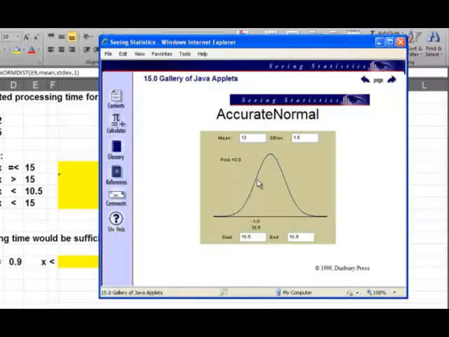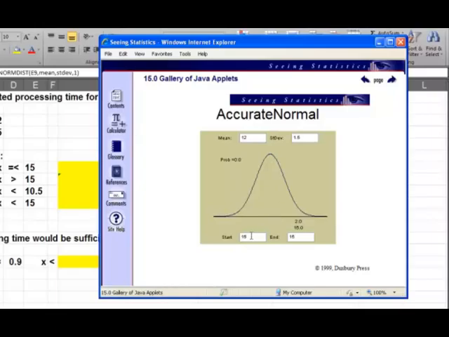The probability of being exactly at any value, whether it's 10.5 or 15, so if I go from 15 to 15, being exactly at the mean, for a continuous distribution, the probability of being exactly at any value is always going to be equal to 0.